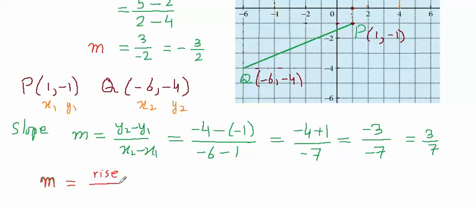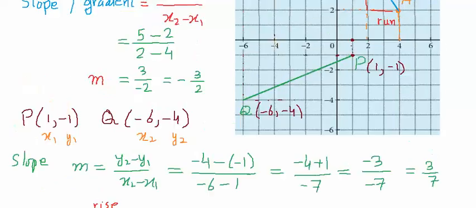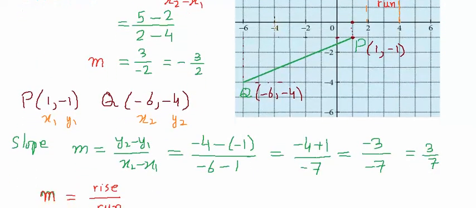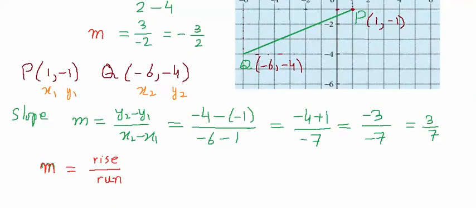In this case we have to put the symbol positive or negative by seeing the shape of the line. As I explained before, if the line is in this direction, it is negative, and if the line is in this direction, then the slope will be positive. We have this direction for PQ, a rising line going from bottom to top, so that's why it is positive.